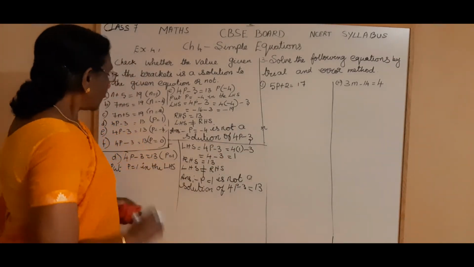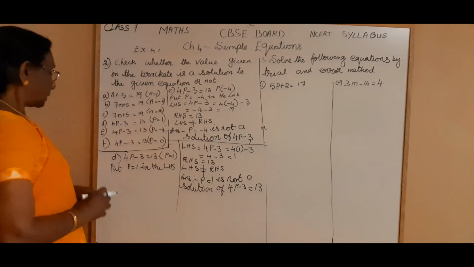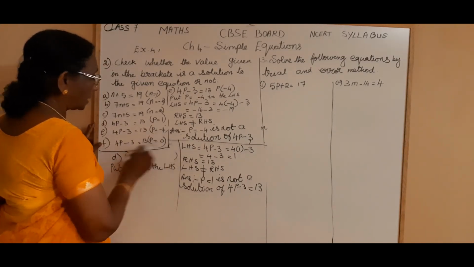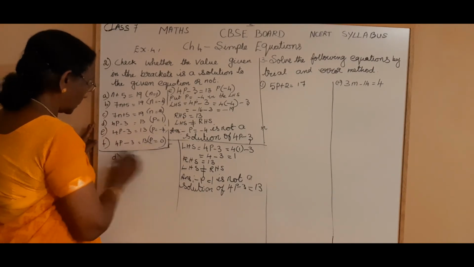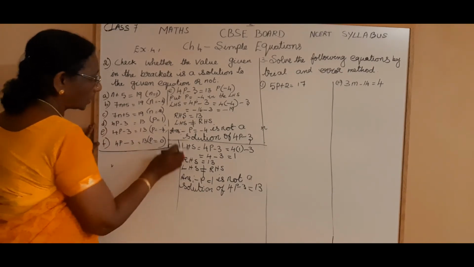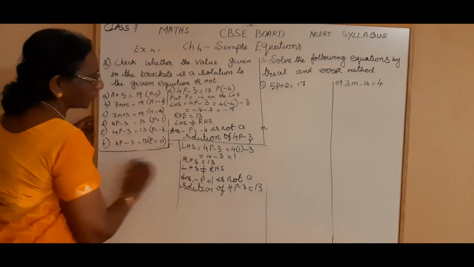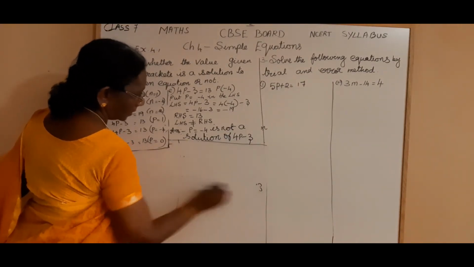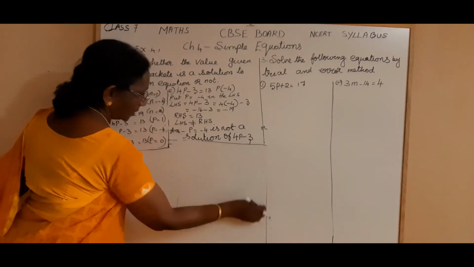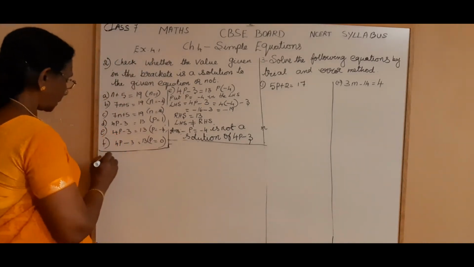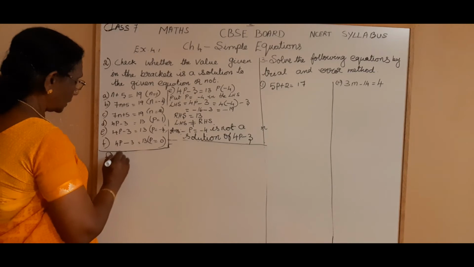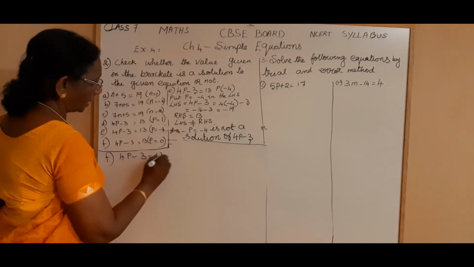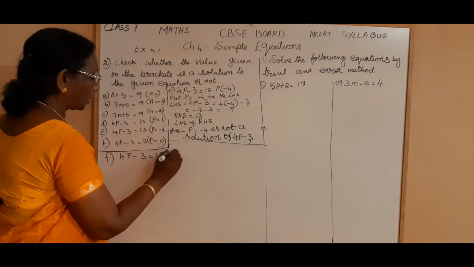Okay, now we'll check the same 4p minus 3 for p is equal to 0. So sum number F, given equation is 4p minus 3 is equal to 13 and p is equal to 0.